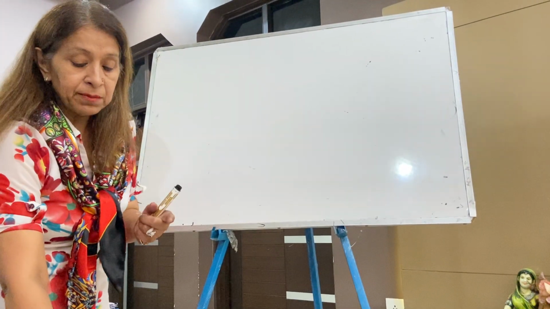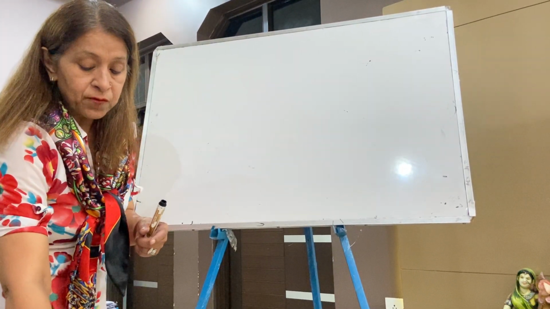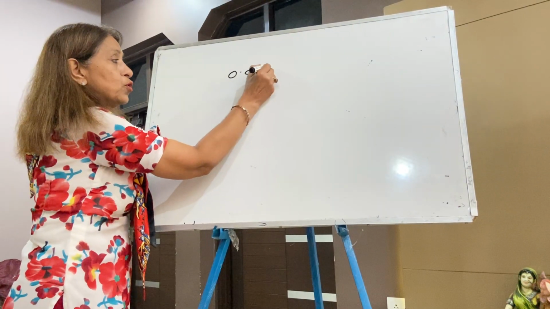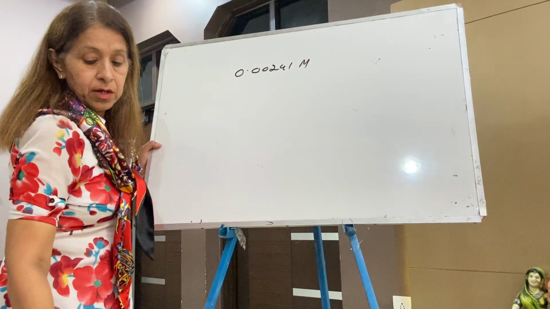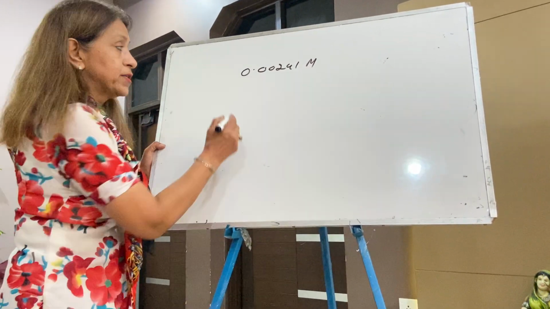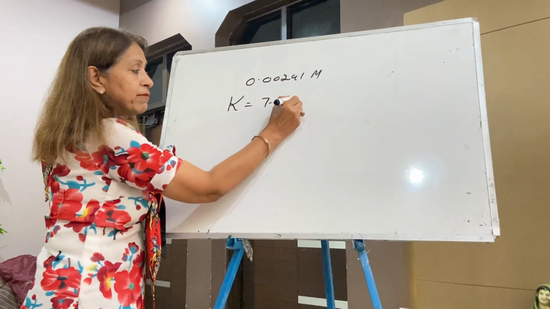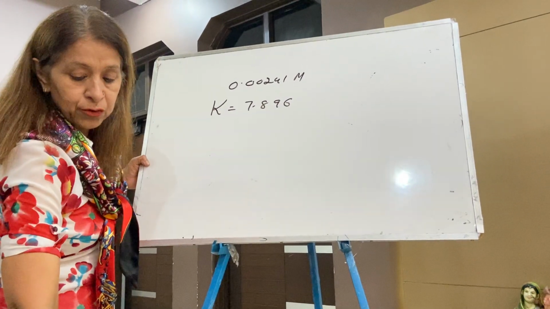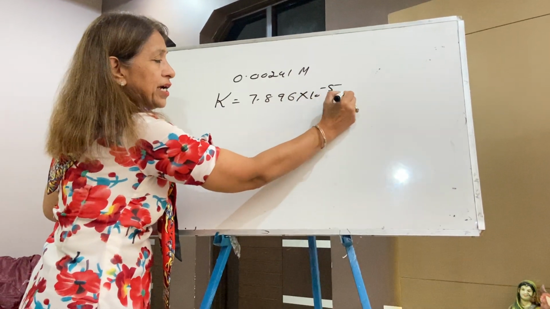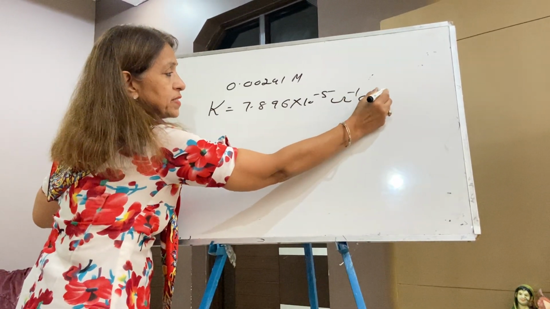Now student, the 11th numerical: the conductivity of 0.00241 M acetic acid is 7.896 into 10 raised to power minus 5, I think it's 5 written, you can check please, per ohm per centimeter.